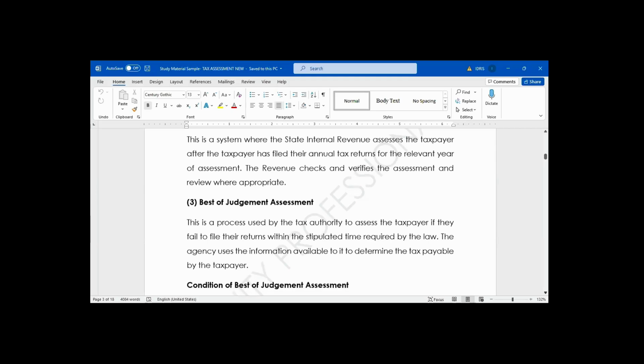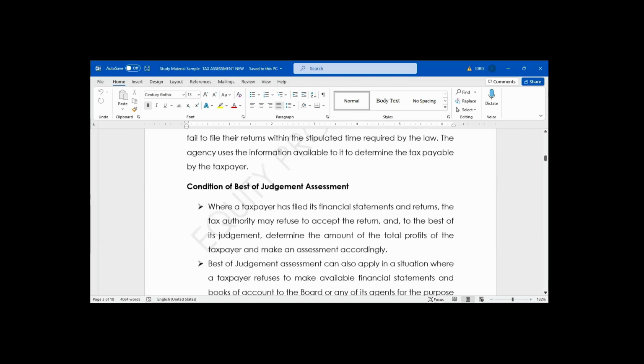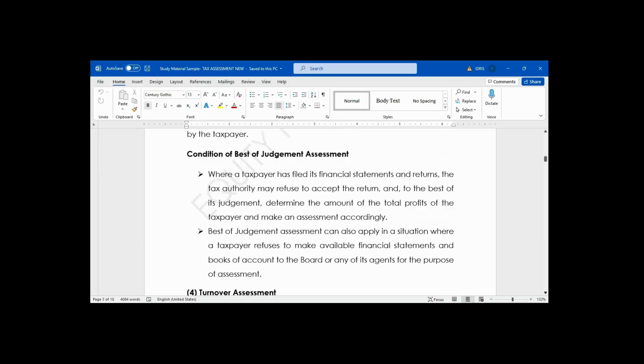Now, what are the conditions for best of judgment assessment? When the taxpayer has failed to file his financial statement and return within the timeline, within the due date.